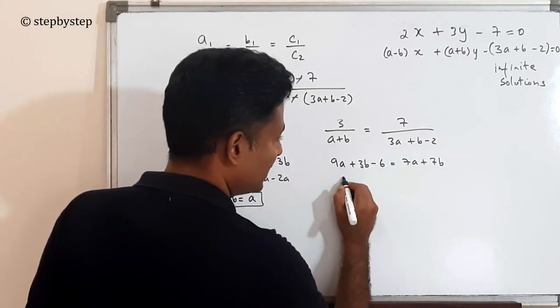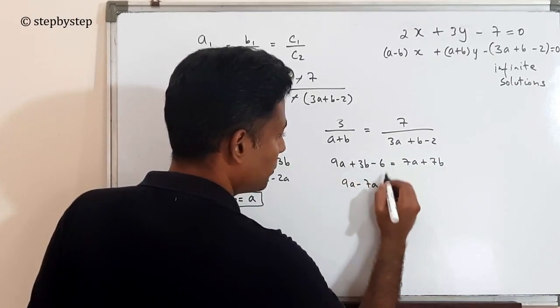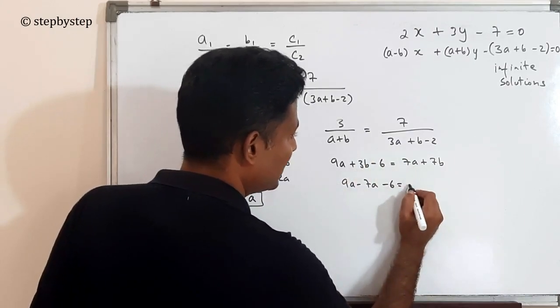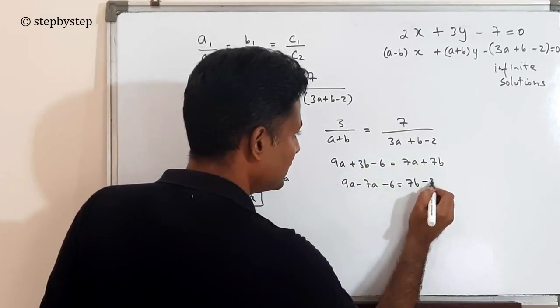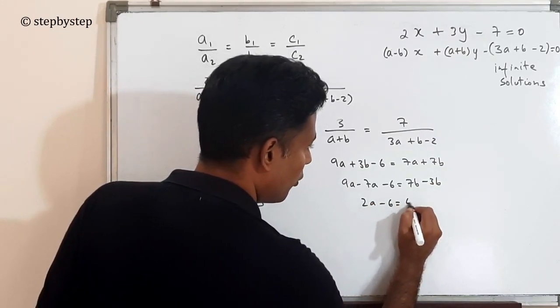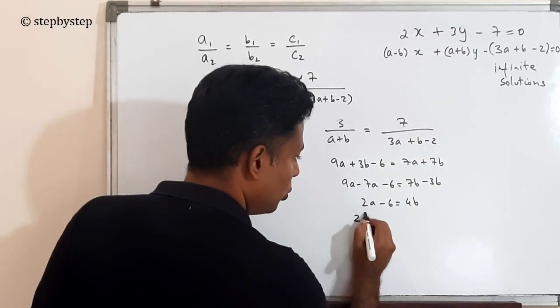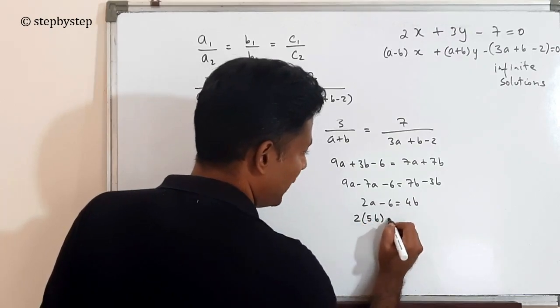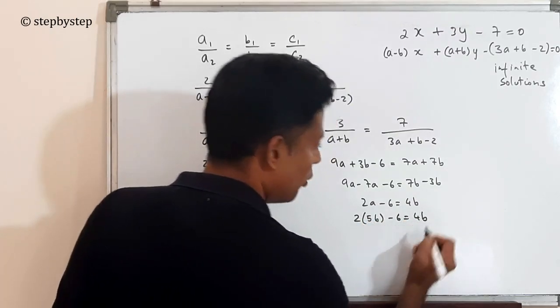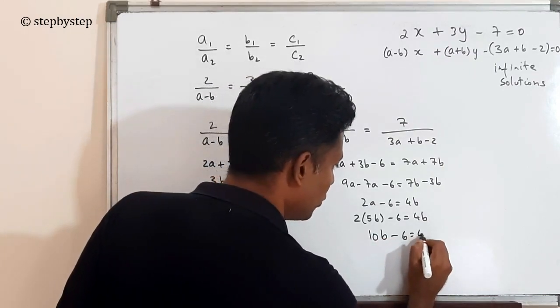Now I'll transpose 7A this side, it becomes 9A minus 7A, and I'll transpose minus 6 and 3B, I get 7B minus 3B. So I get 2A minus 6 equal to 4B. But how much is A? 5B, right? So 2 into 5B, I substituted, minus 6 equal to 4B. So I get 10B minus 6 equal to 4B.